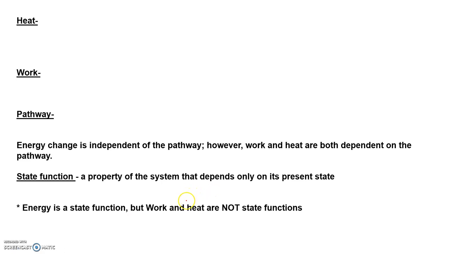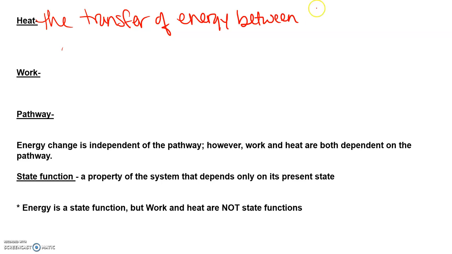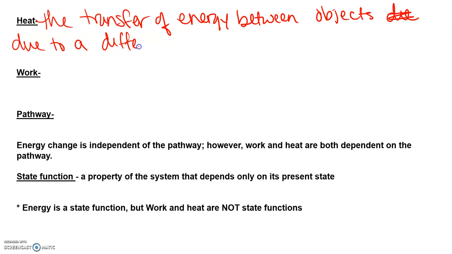So heat is the transfer of energy between objects due to a temperature change. So heat is dependent upon temperature. So heat is the transfer of energy between objects due to a difference in temperature.